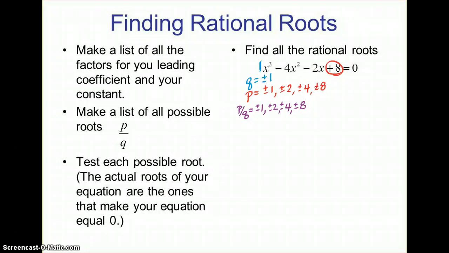And what I want to do is find out which one, or ones, there could be more than one. If you remember from previous, since this is a cubic equation up here, there's a possibility that I could have up to 3 of these. But I want to see which ones are actually rational roots, which ones would actually be part of the factors of this particular polynomial.